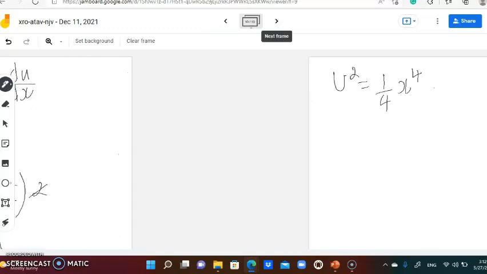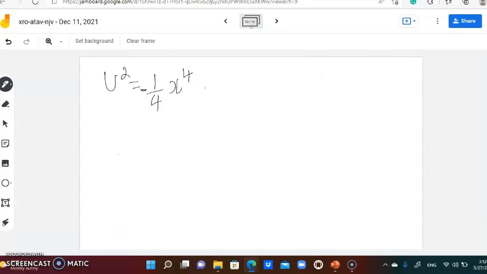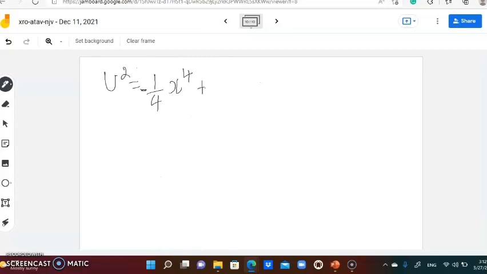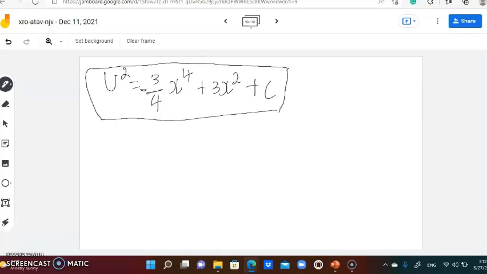Alright, and that should of course be negative, plus 3x squared plus c. And not a quarter here, but 3/4. 1.5 is 3/4 of 2. So this is my expression for u squared, where u squared is actually representing velocity squared.